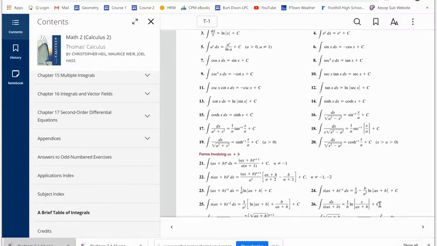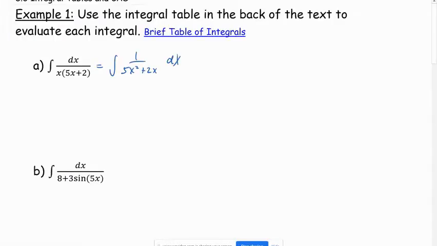Using that formula, a is equal to 5 and b is equal to 2.